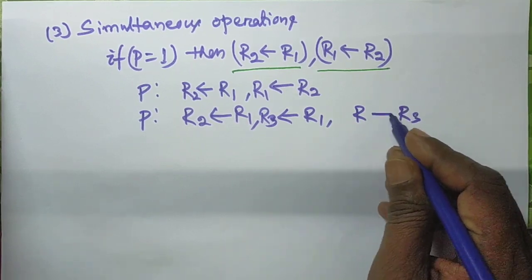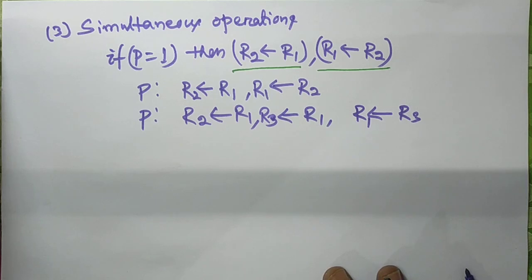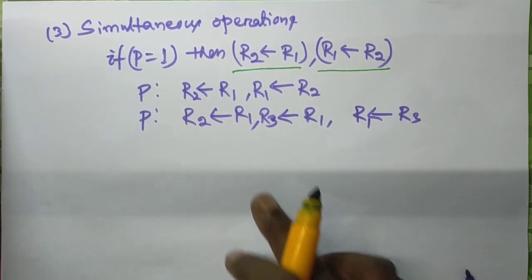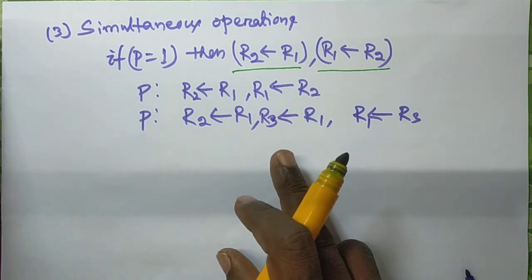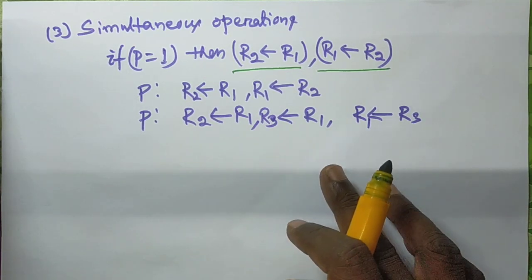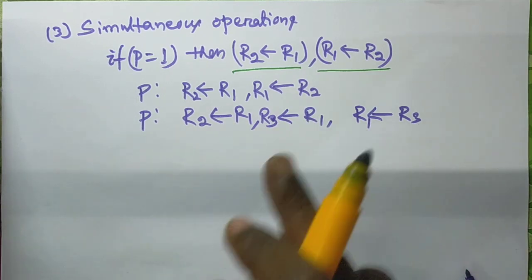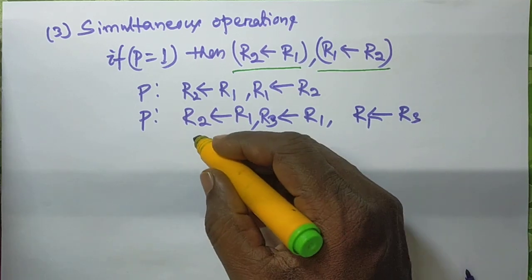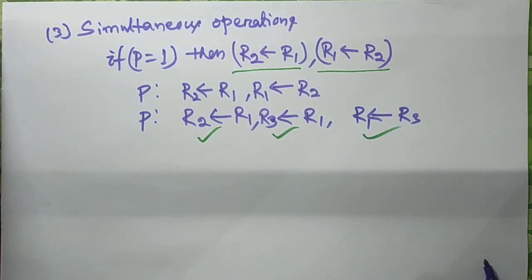How many registers do we have here? We consider three registers: R1, R2 and R3. Here we consider more than one operation: R1 to R2, R1 to R3, and again R3 to R1. So we can consider different operations, as you like, as simultaneous operations.